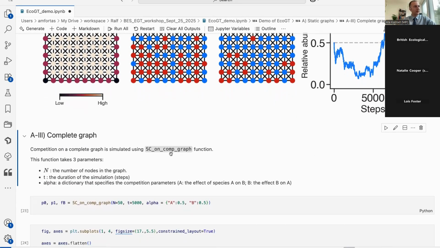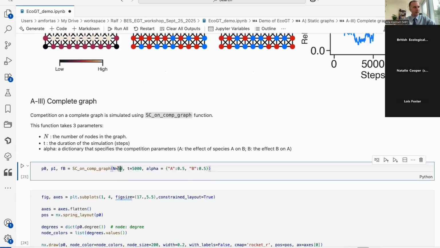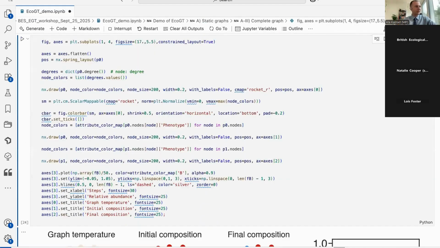On the GitHub repository, you can use the SC on comp graph, so species competition on complete graph. Here you specify the number of nodes. In this case, we have 50 possible individuals in the community itself, the time series, and then the species competition.